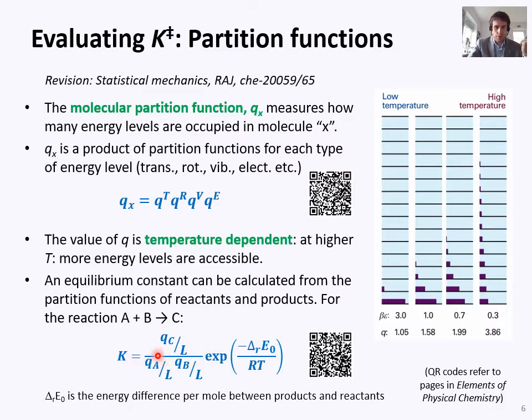So this is just the reactants' partition functions, and they have to be multiplied together, each divided by Avogadro's number. And then you've got this exponential term here, where this part of the exponential term is that energy difference between our products and our reactants. As Rob said in his notes, that's not necessarily the activation energy, although actually in the transition state theory case it kind of is.